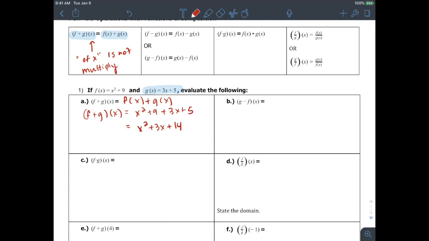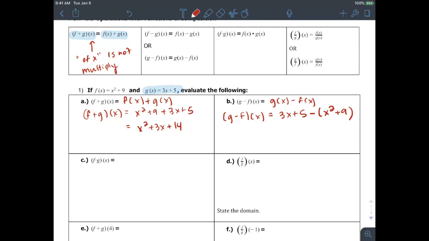The next one, g minus f. We have to be careful. The order matters for subtraction, so just be careful there. This is equal to 3x plus 5 minus the quantity of f, so x squared plus 9.